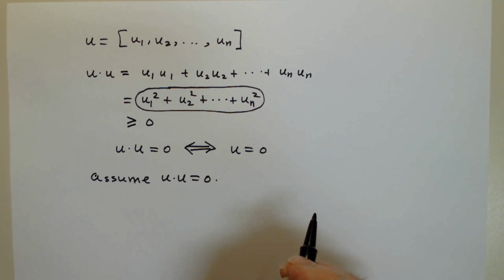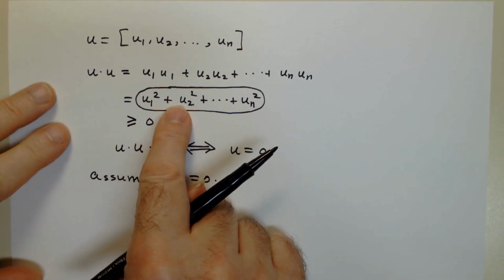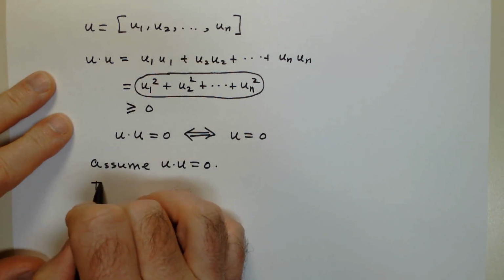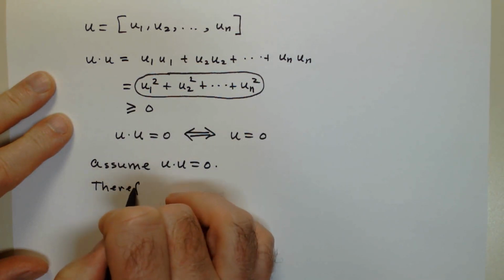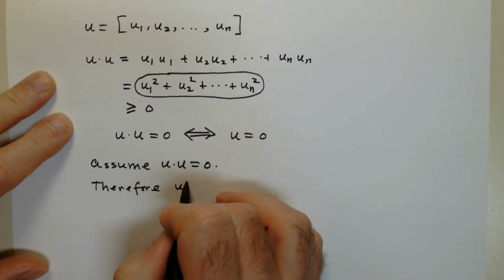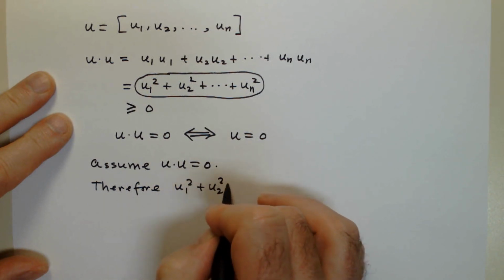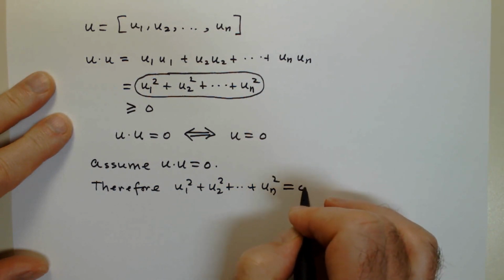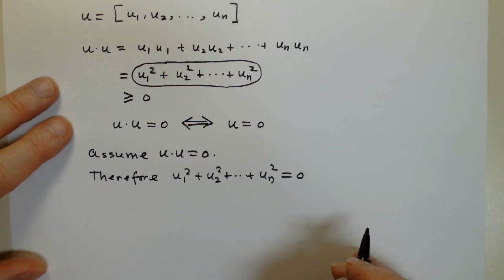Now one thing we know is that u dot u is the sum of the squares of the components. So therefore, u1 squared plus u2 squared and out to un squared is equal to 0.